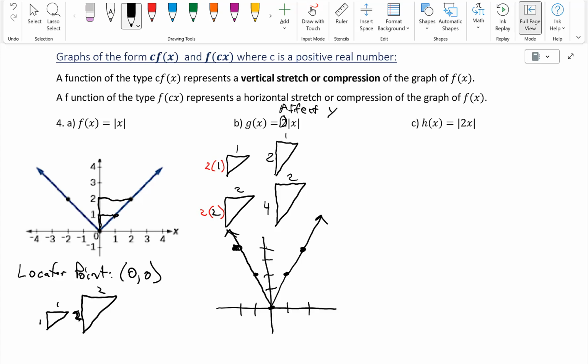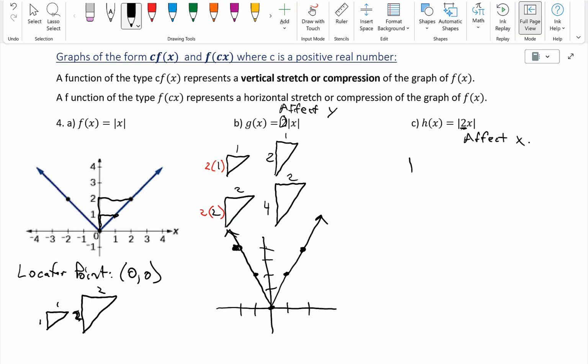And for h of x, where the 2 is inside, we're now affecting the x. I don't remember exactly what I said up top, but anything inside is treated kind of opposite of what you see. The thought is when we plug in something for x, it's going to get multiplied by 2. So we want to divide to figure out the values to kind of sub in.